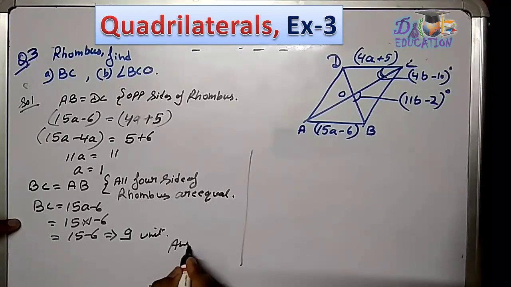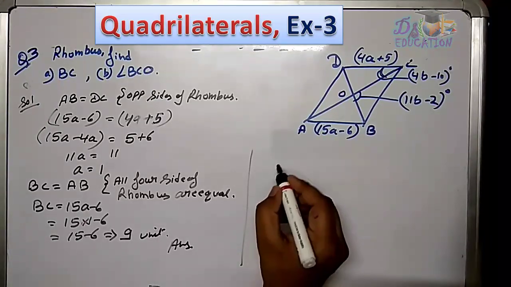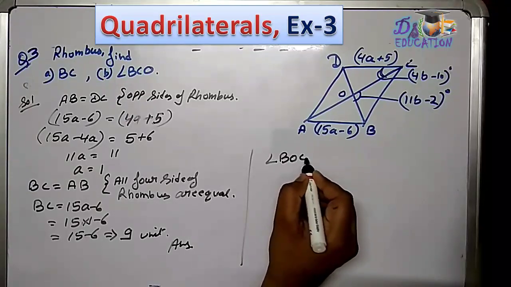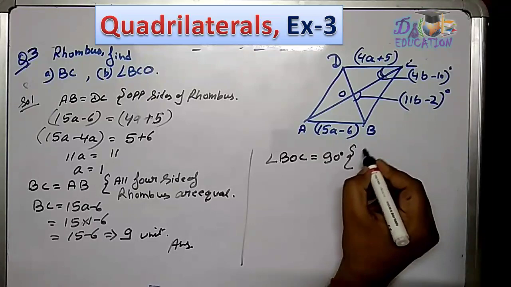First answer is this. Moving to angle BCO. Now if I talk about angle BOC, that will be equal to 90 degree. Now why?